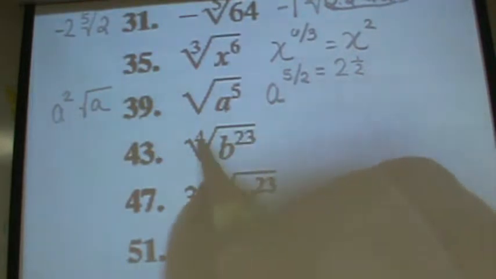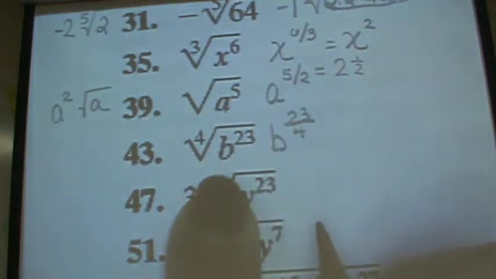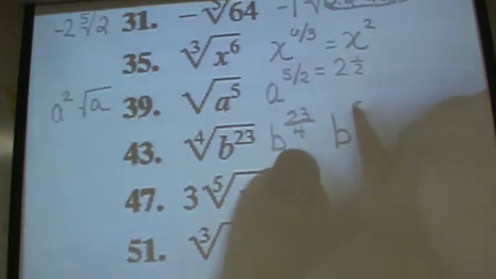b to the 23 over 4. Well, how many times does 4 go into 23? Well, 6 times 4 is 24. How about 5? So we have 20 with 3 left over.